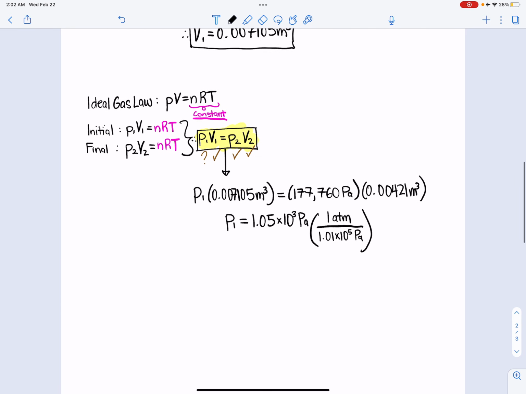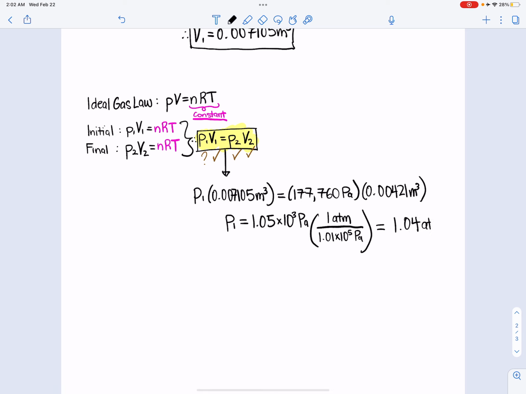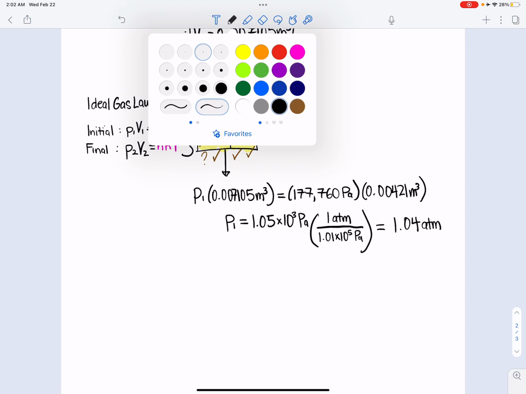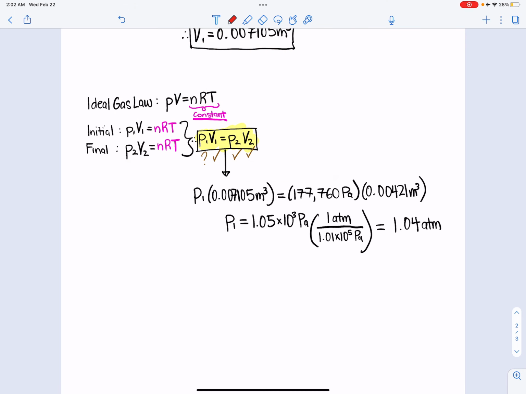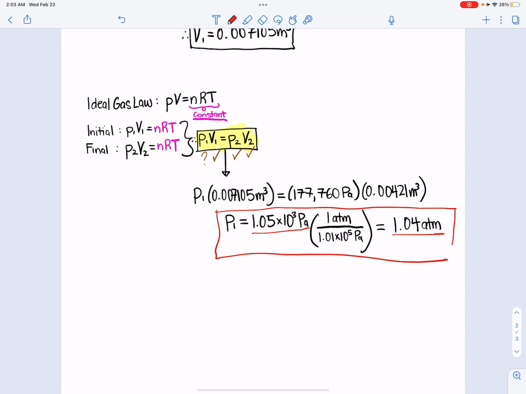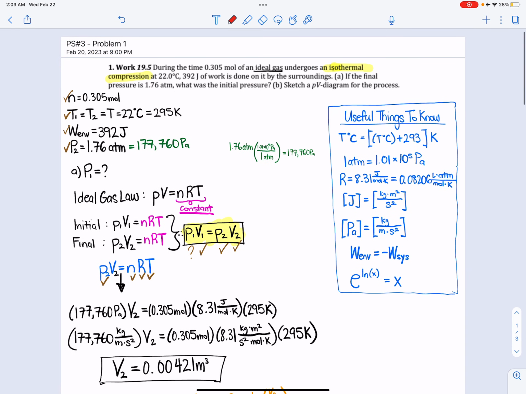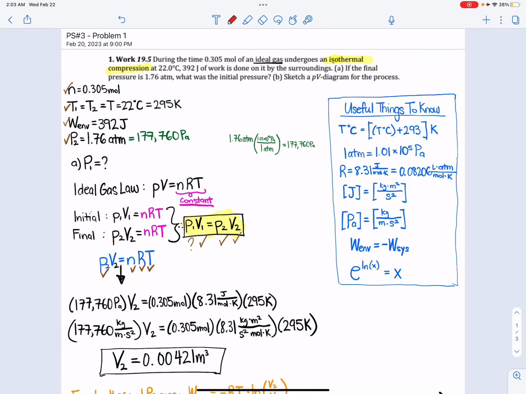Yep. And that will equal to 1.04 ATM. All right. So I don't know if you want to leave it in pascals or ATM, but either way, that is your pressure at state 1. And that is what we were looking for part A, correct? Initial pressure, yep.